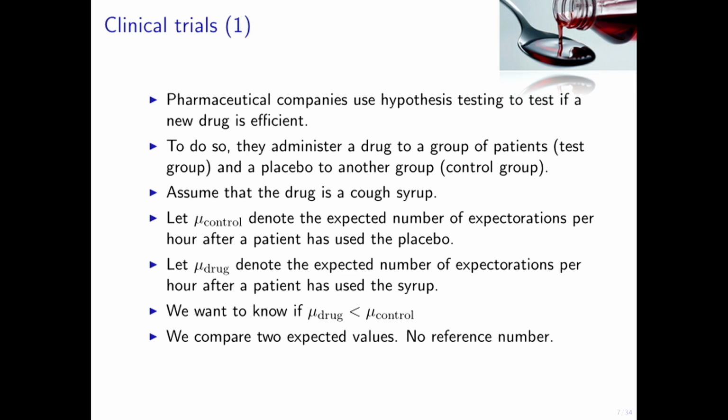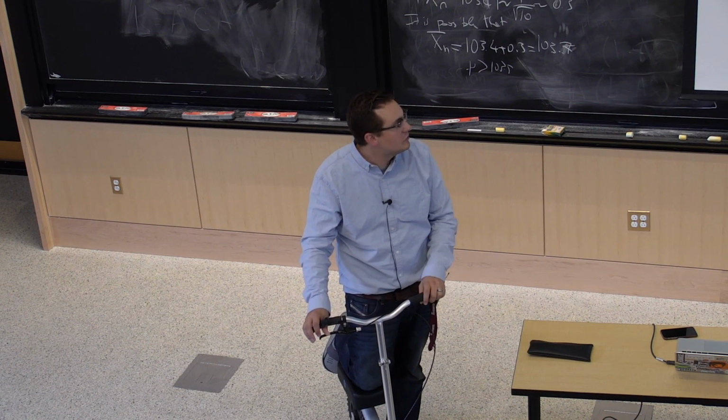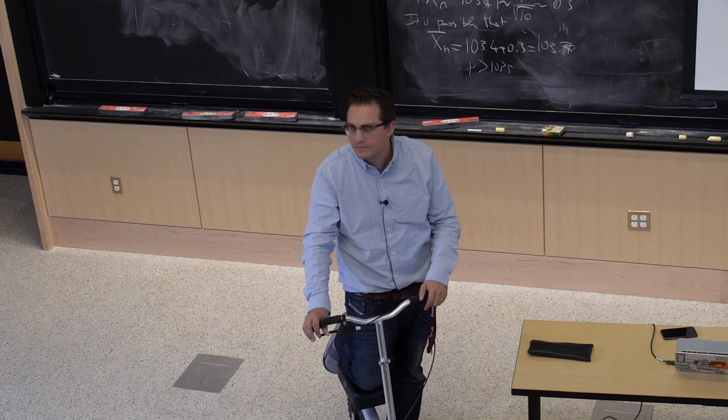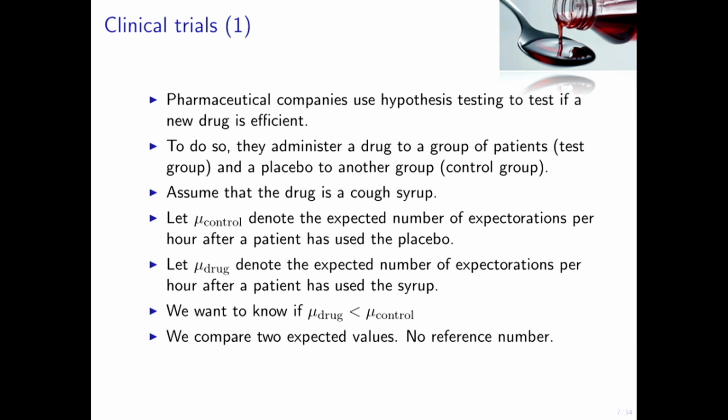Okay, so now let's say this is a cough syrup. When you have a cough syrup, let's say the way you measure the efficacy of a cough syrup is to measure how many times you cough per minute. Okay. And so I define mu control as the number of expectorations per hour, not per minute, but per hour.